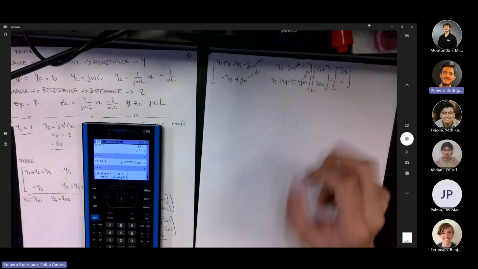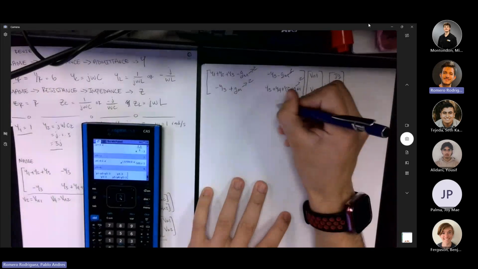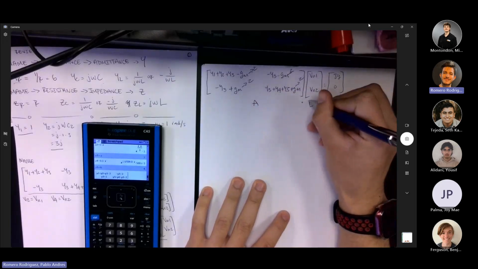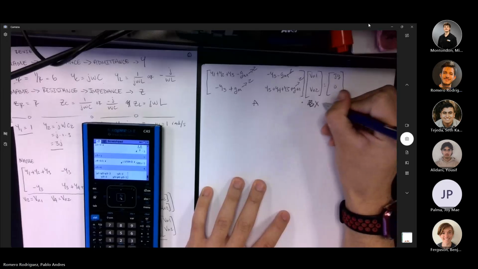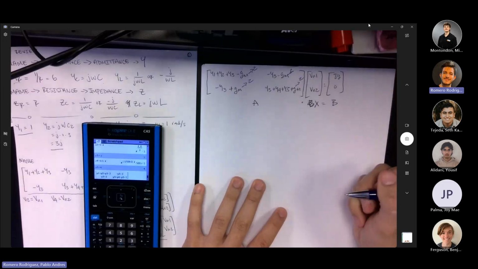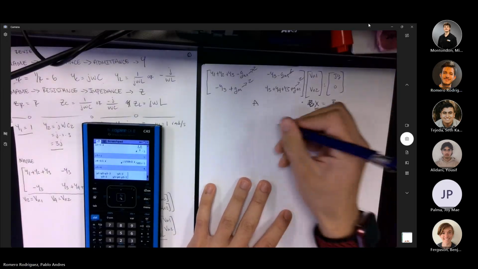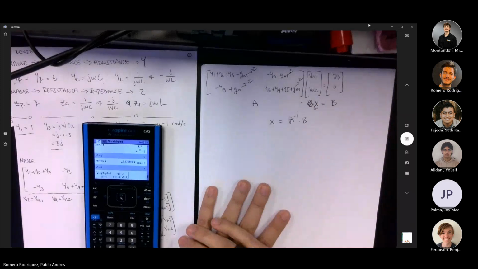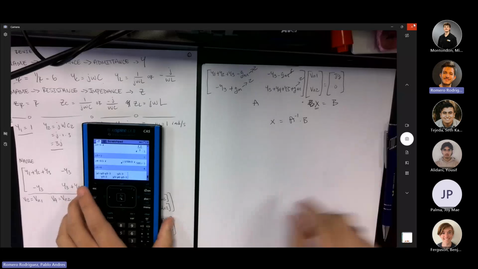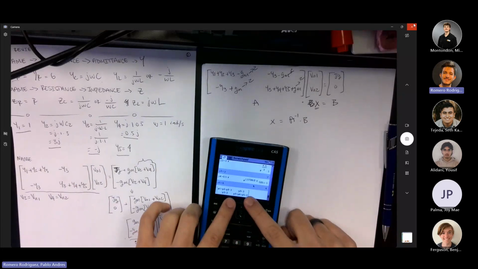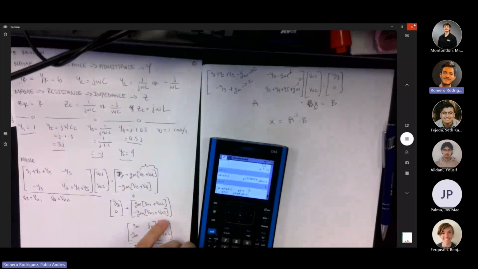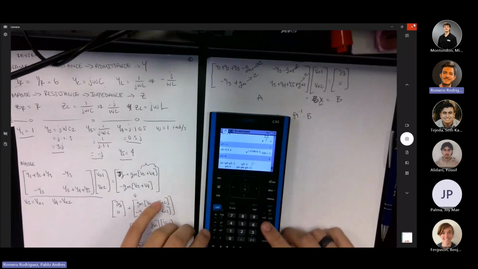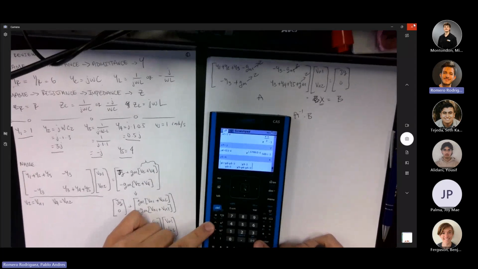But I want to find v in 1. So we'll assume matrix A times matrix X is equal to B. If I'm trying to find X, X is going to be A inverse times B. So what I want is this one inverted, so I raise it to the -1 using this little button here.